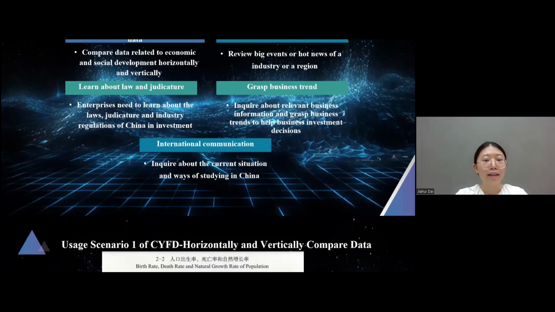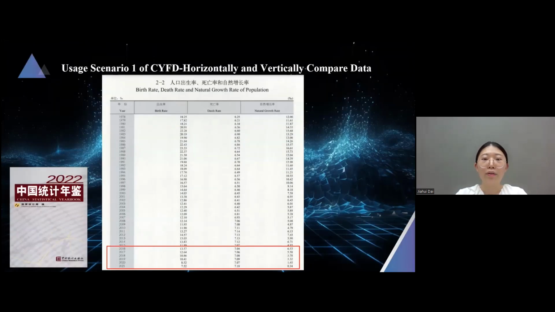Next, let's take a closer look at each usage scenario. The first one is to horizontally and vertically compare data.